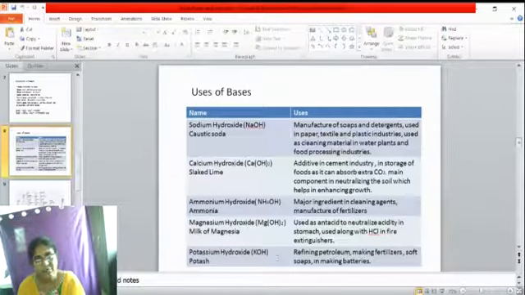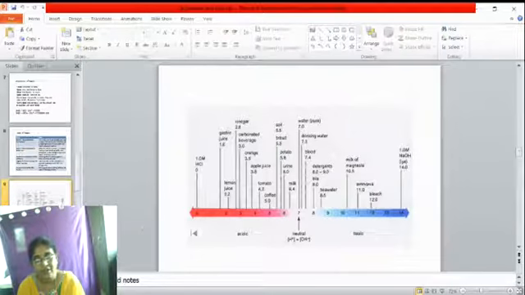Then lastly, potassium hydroxide, also called potash, used in refining petroleum, making fertilizers, soft soaps, and also making batteries. That is the uses of the bases.